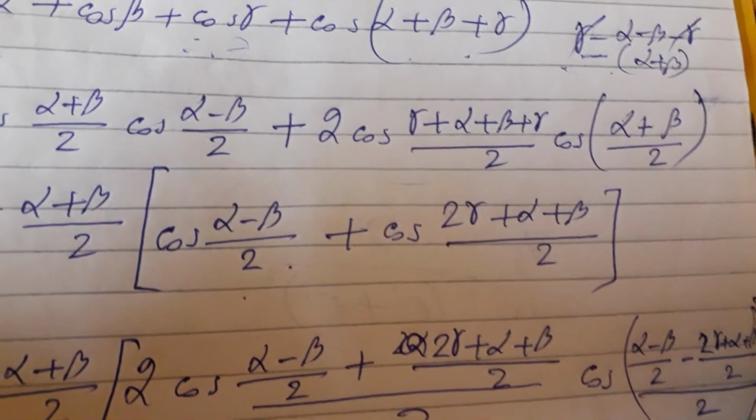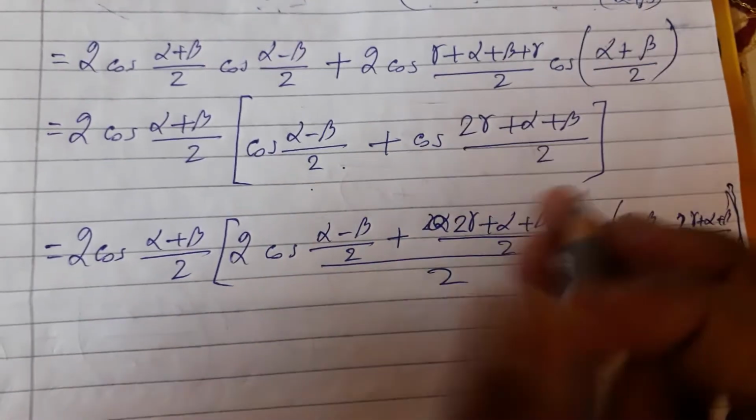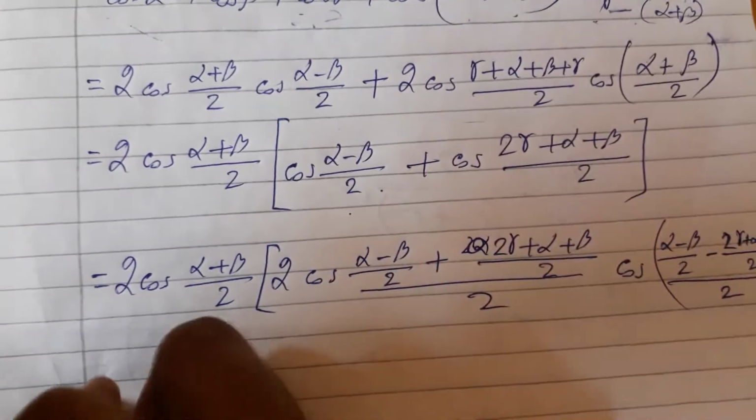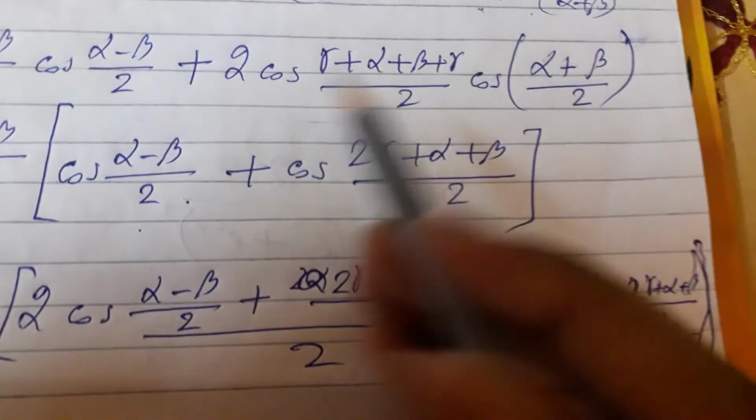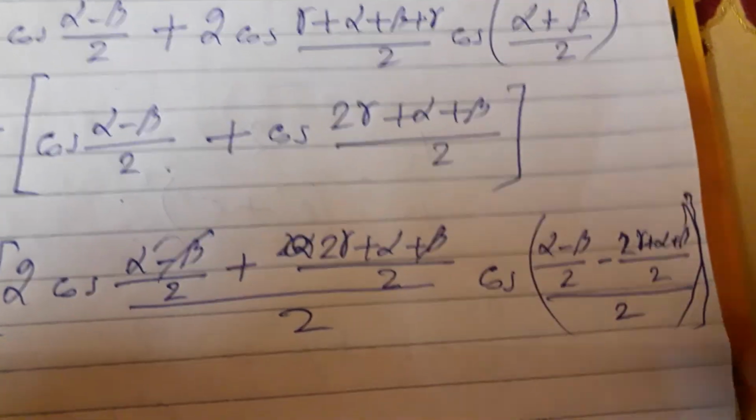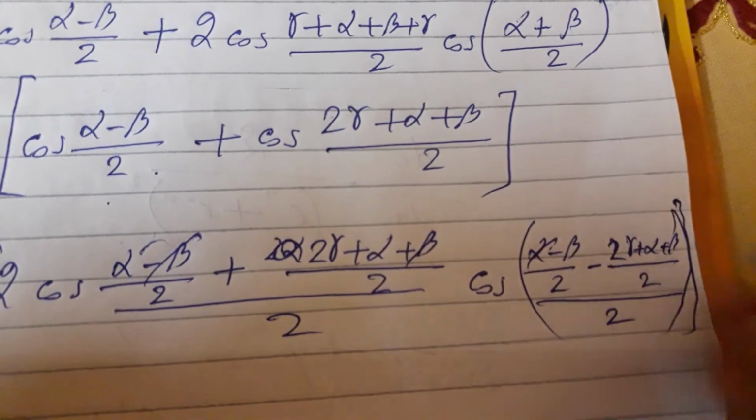So we will get it like this, and if we solve this, then in the next step we get cos((alpha plus beta)/2), and after solving, minus beta plus beta will be cancelled out, and alpha and minus alpha will also be cancelled out.